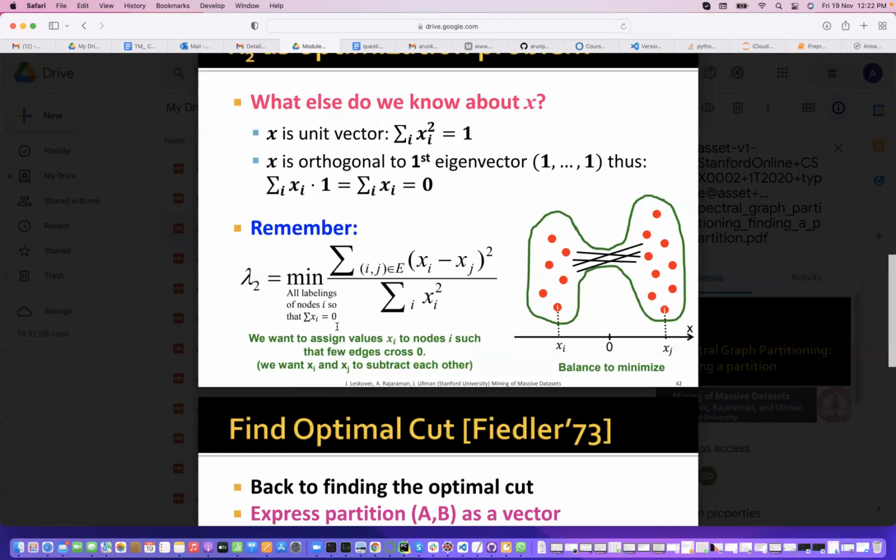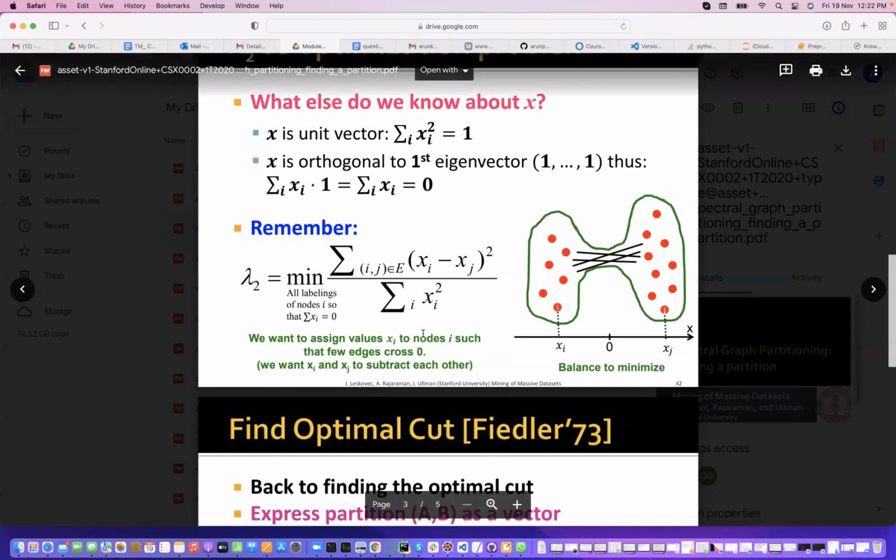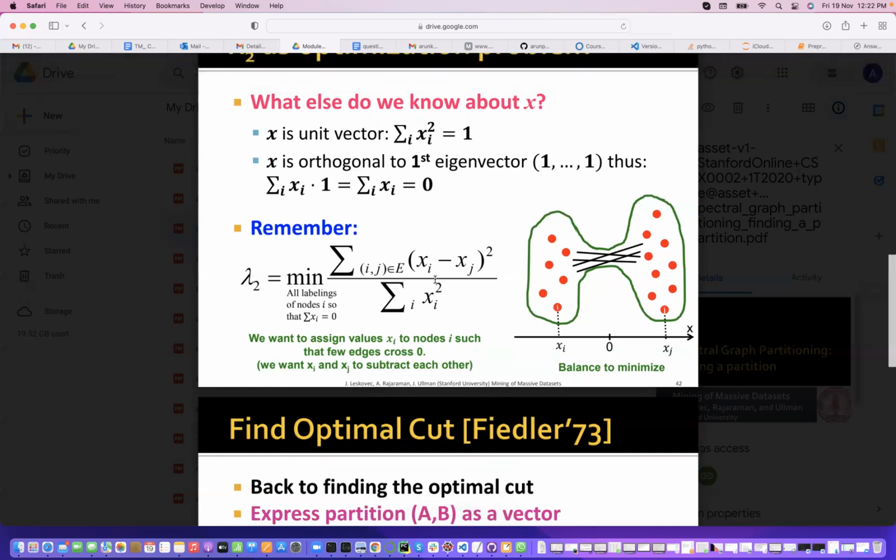The assignment of the xi initial values, whatever that is, then for ij belonging to E, take the difference square divided by sigma xi square. So you will get that lambda 2. This lambda 2 will help us. We want to assign values xi to nodes i such that few edges cross 0.